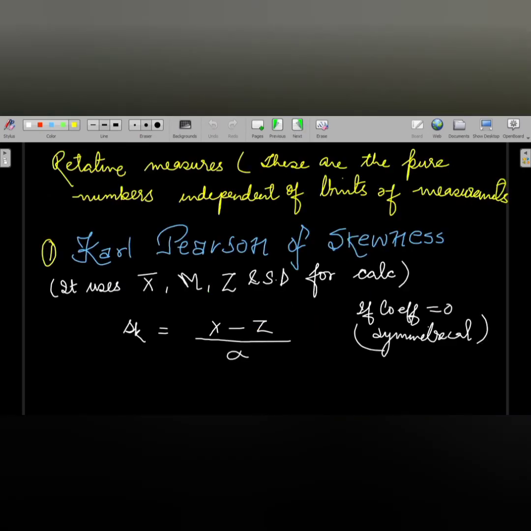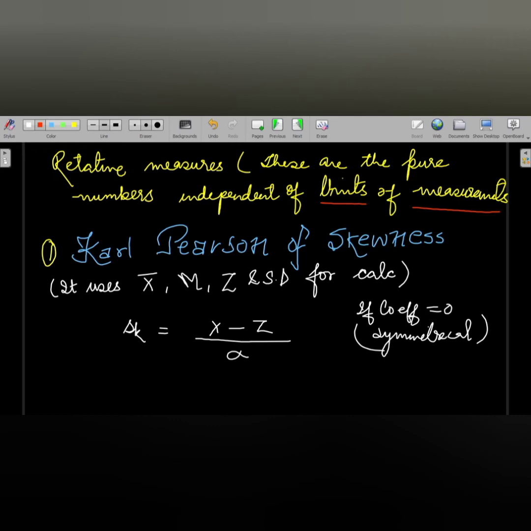Now we'll move towards the relative measures. Relative measures are pure numbers independent of the units of measurement. Clear? That's why we use the relative measures for calculating skewness, and we do not use the absolute measures. We will see the formulas one by one. The first one is Karl Pearson's measure of skewness.